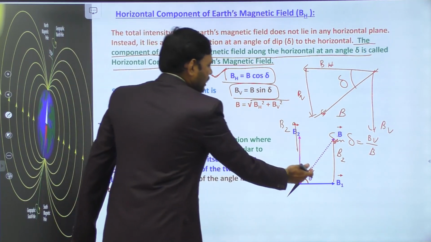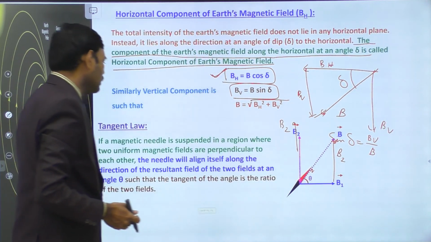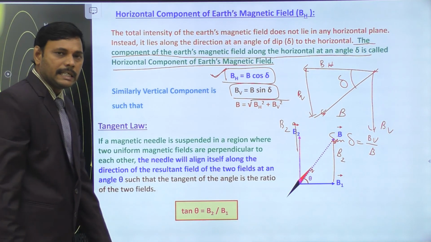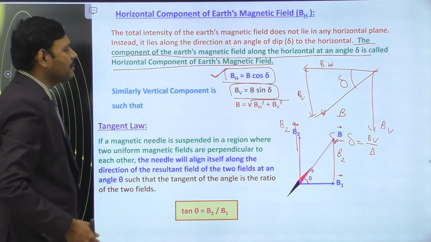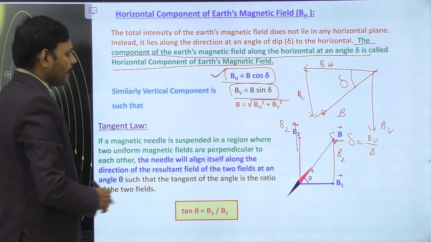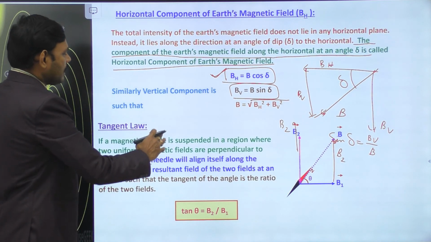Then tan theta is equal to opposite side by adjacent side. So it comes to equilibrium at an angle theta such that tan theta is equal to B2 by B1. Hence this is the earth's magnetic field and the tangent law.